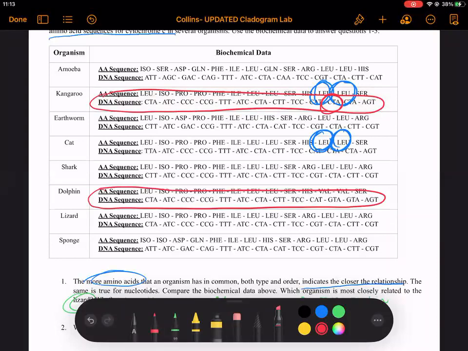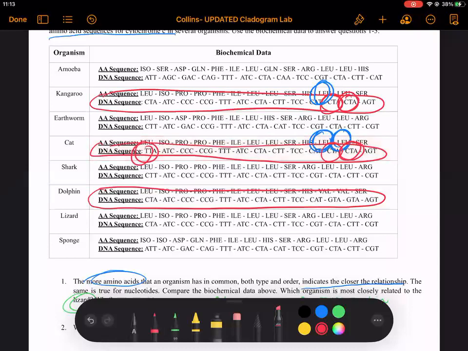Okay, so let's check that out too. Or is that a CTA or a GTA? Hold on. Oh, CTA. So there are two differences here. But then let's also compare it to the cat. Well, we got one difference here. One difference here and one difference here.